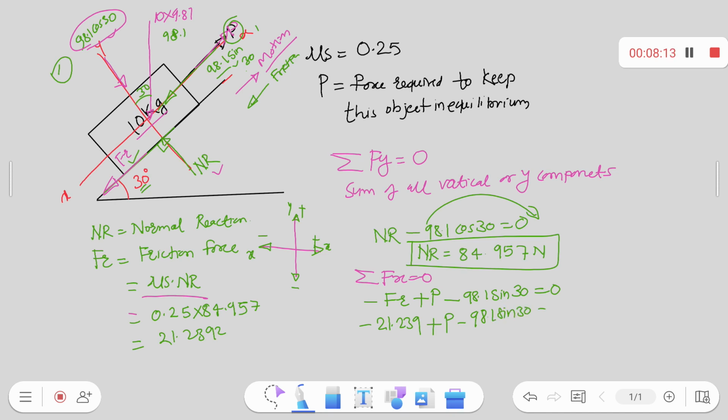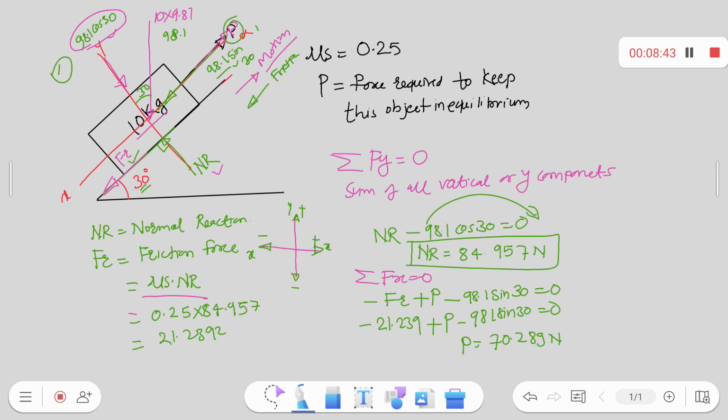Do this calculation in the calculator; don't waste your time. When we move terms from LHS to RHS, the sign changes.